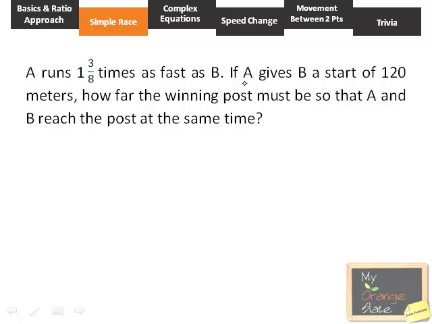Now since A gives B a 120 meter start, A must run 120 meters more than B. Thus if B runs x meters, A must run x plus 120 meters.